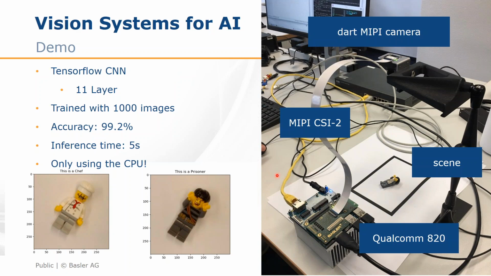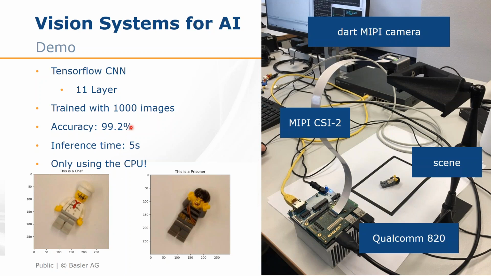And this system is able to decide between 5 classes of little Lego people, which kind of Lego people this is. So this can decide if it's a chef, a prisoner, a policeman, a fireman. And we can do this with an accuracy of 99.2%.